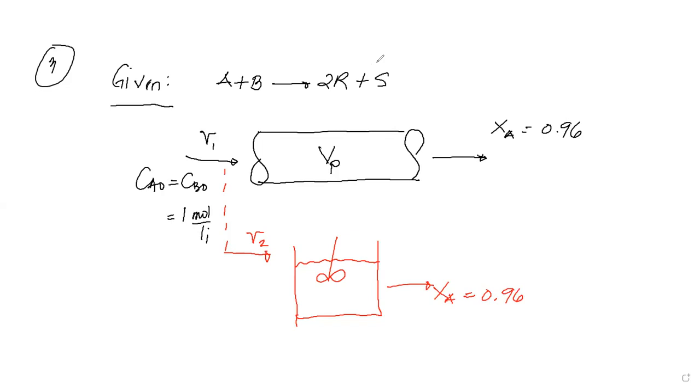And okay, that's it. So conversion remains unchanged even though we already hooked up a backmix reactor to our existing plug flow reactor in parallel.